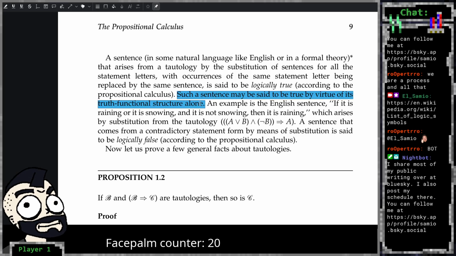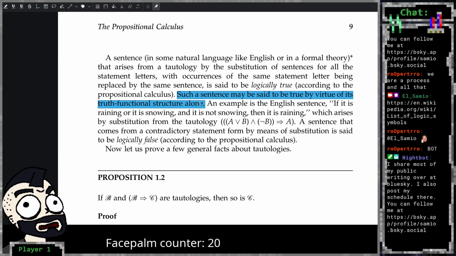What this means in non-nerd is that the tautological truths that propositional logic cares about, or the only truth from meaning that this logic cares about, are things that are true by the structure of what we can model through its logical connectives.